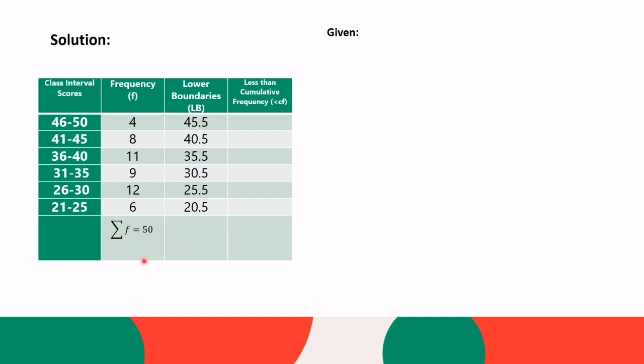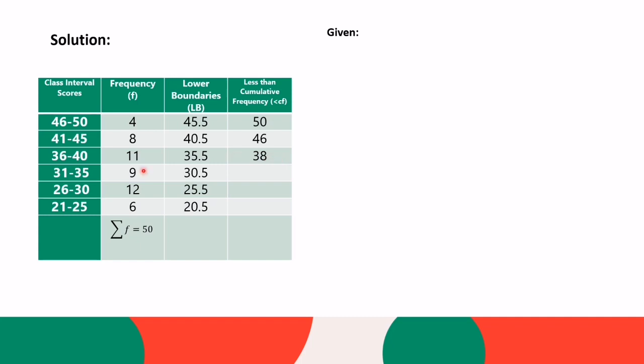Now, for our less than cumulative frequency, we will start by writing the total number of frequency here. So we will have 50. And then we will subtract the first frequency, which is 4, from 50. So we have 50 minus 4, we will write here 46. And then next, 46 minus 8, we will have here 38.